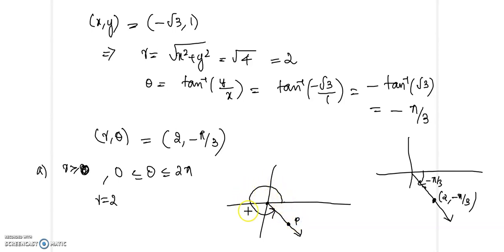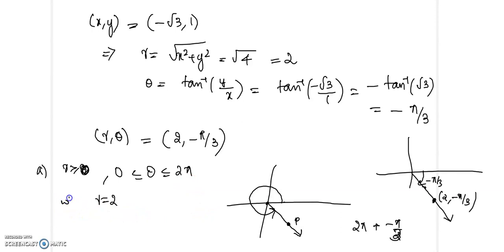So if you take the angle to be this and the radial distance to be equal to 2, then this angle will be 2 pi minus pi by 3, that is, minus pi by 3 plus 2 pi. When we add 2 pi, again it will reach the same ray. So that will be equal to 5 pi by 3.